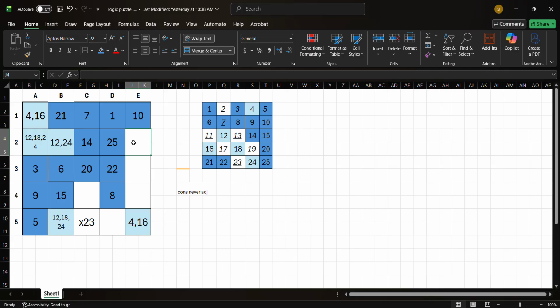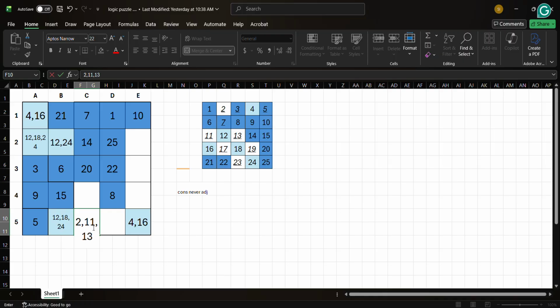So we've only got 1, 2, 3, 4, 5, 6 numbers to fill these boxes. So let's start with that one because we know that's not a 23. What else do we know about it? It could be a 2. Don't see why not. Could be an 11. Could be a 13. Could be a 17. Could be a 19. I think it could be any of those.